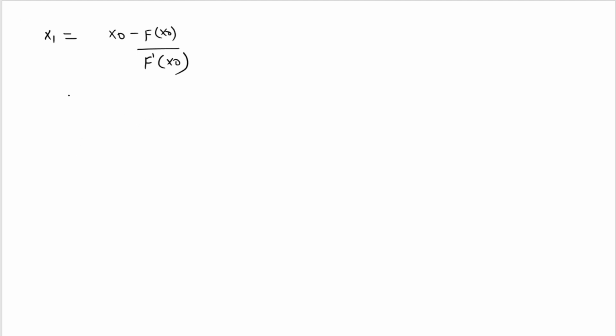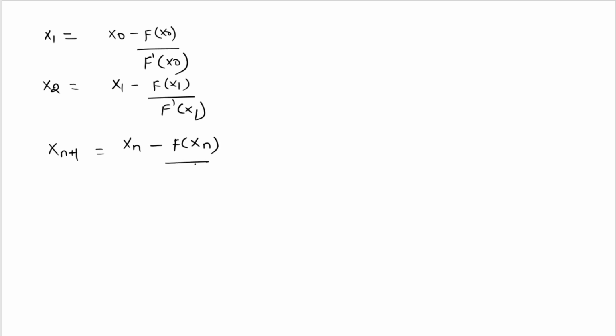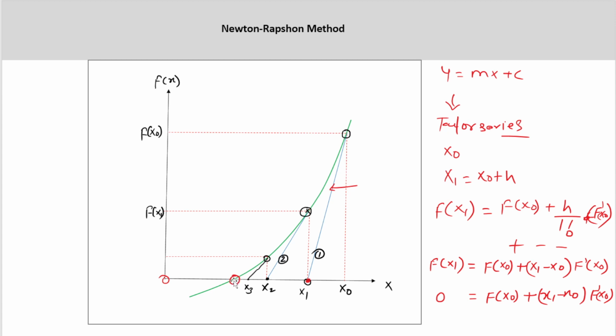Similarly, if you need to calculate x2, then x2 will be x1 minus f of x1 upon f dash x1. In general, if you want to calculate xn plus 1, then it will be xn minus f of xn upon f dash xn. So we will keep on repeating this process till we reach a particular point, which is called the root of that particular equation.